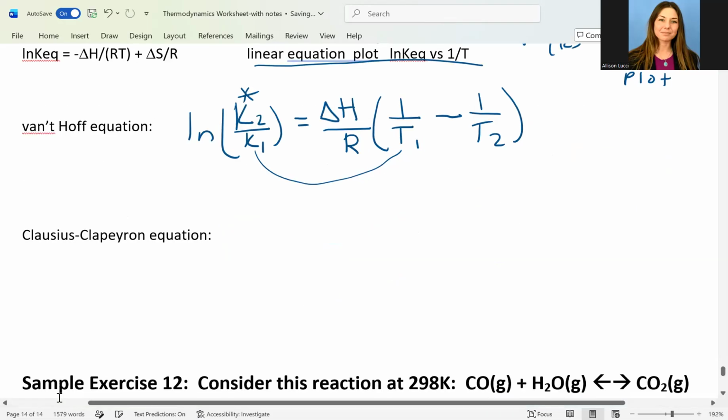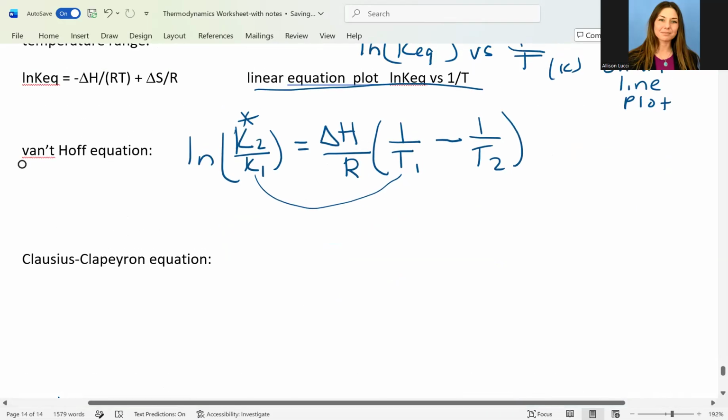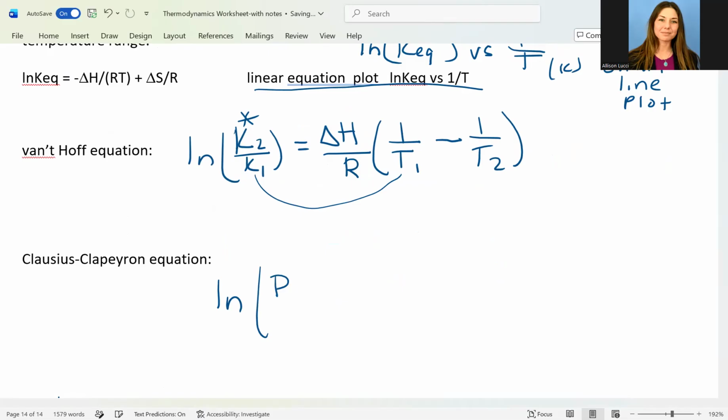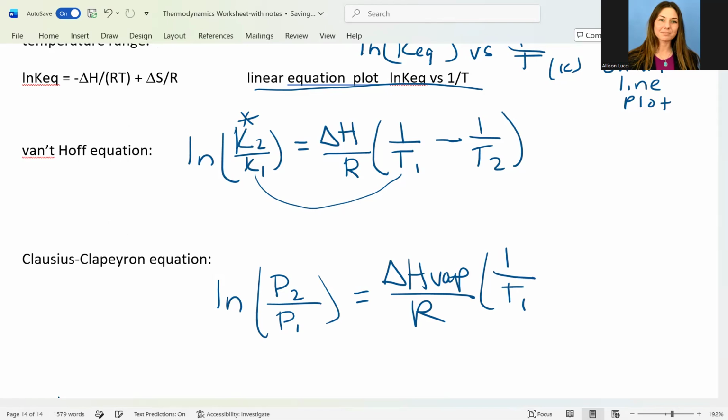And we can also introduce one other equation here called the Clausius-Clapeyron equation. This relates pressure values. Similarly, if I have the natural log of P2 over P1, I can relate that ratio to, say, an enthalpy of vaporization, divided by the gas law constant, the same one, 8.314 joules per mole Kelvin, times 1 over T1 minus 1 over T2.